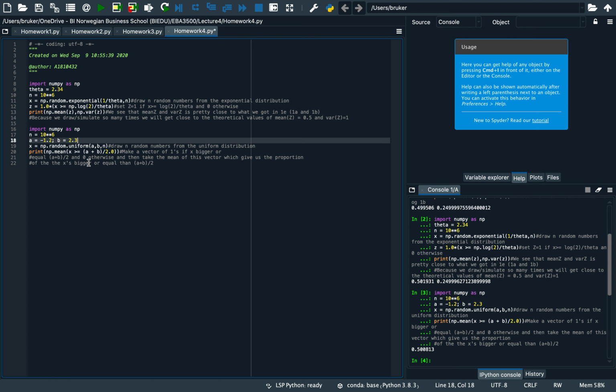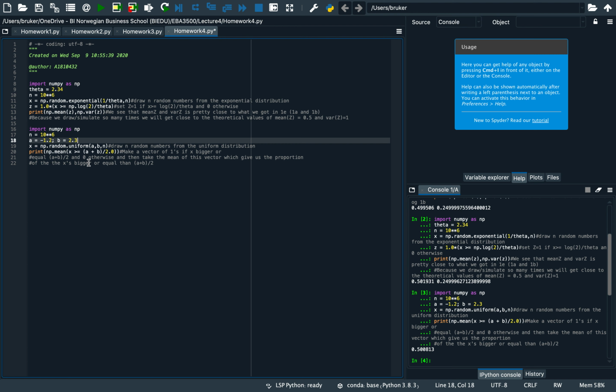And then we take the mean of all these 1s and 0s, which is the proportion of how many x's which is bigger or equal a plus b divided on 2.